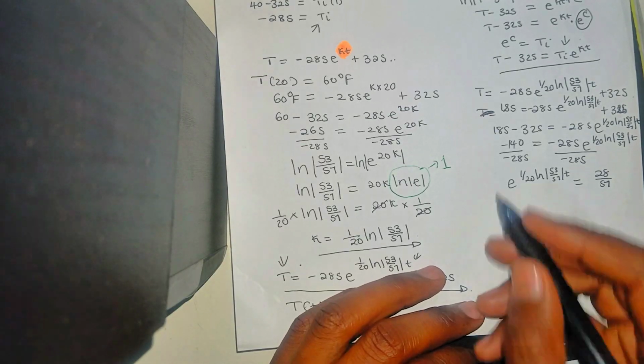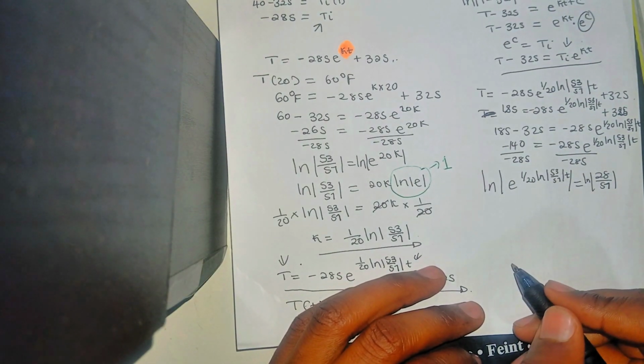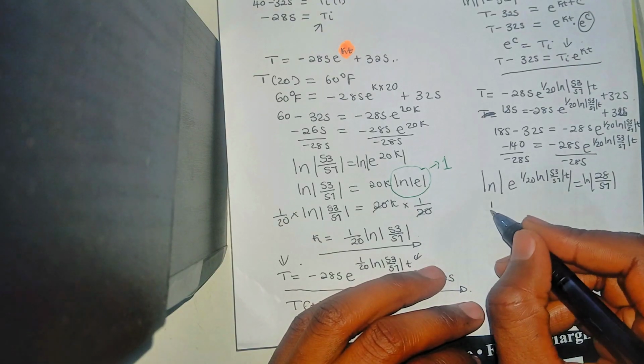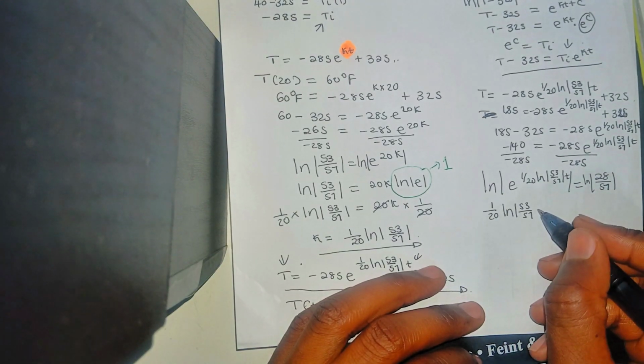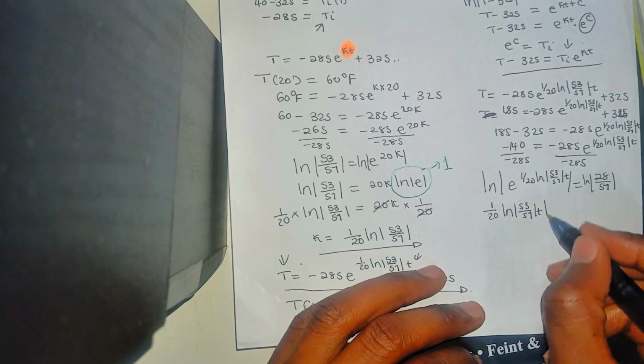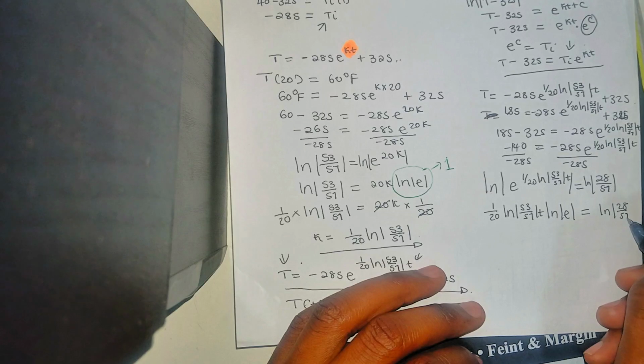Now, we need to put the natural log again. So, this side, 1 over 20 ln 53 over 57 T, we'll be left with this, and here is ln of 28 over 57.